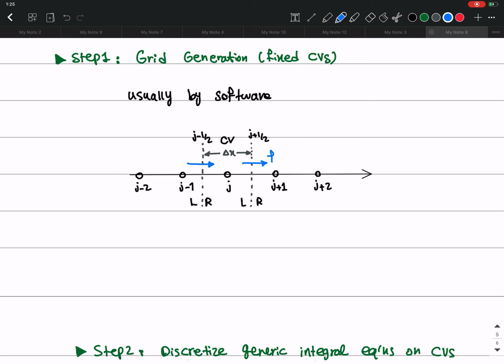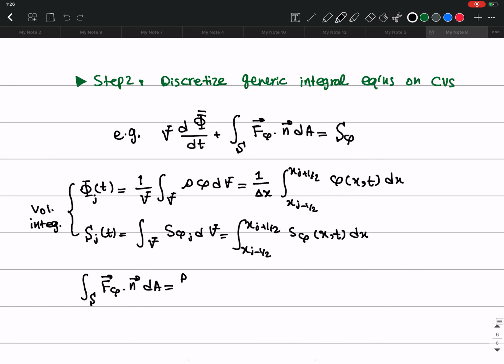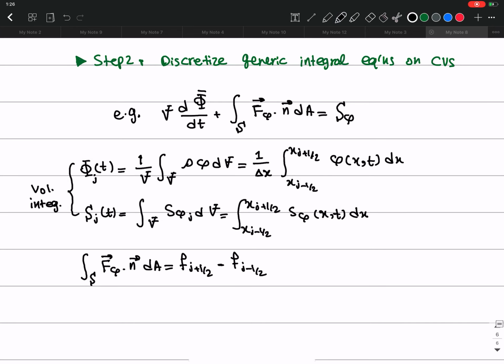So I'm going to name this f j plus 1/2, and this one f j minus 1/2. So this can be written as f j plus 1/2, the flux that is outgoing at the j plus 1/2 point, minus the flux that is coming in at f j minus 1/2. Okay, so this is a surface integral.